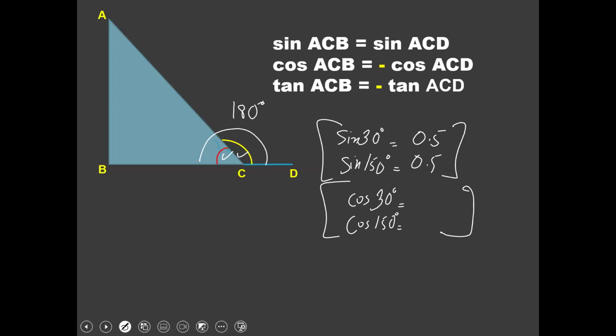Cos 30 degrees is 0.86 and cos 150 is minus 0.86. Is it coming the same with a negative sign? Yeah. Good.